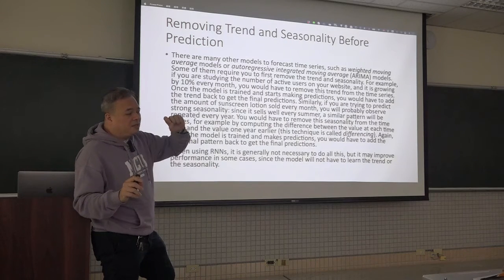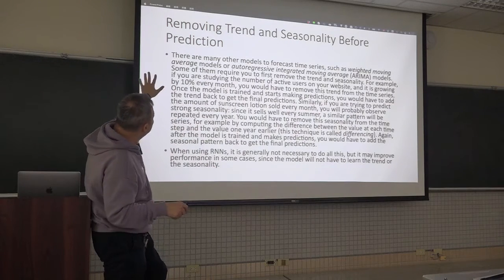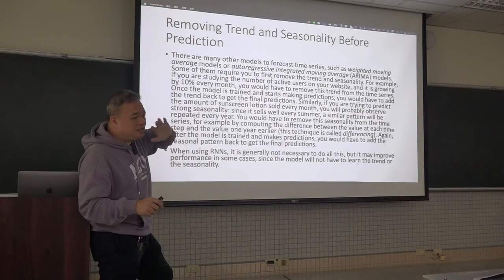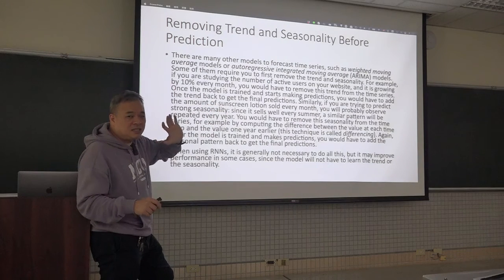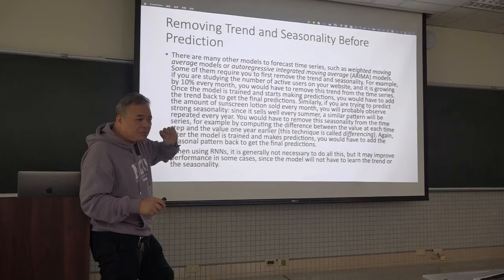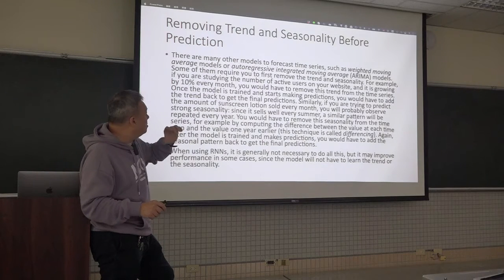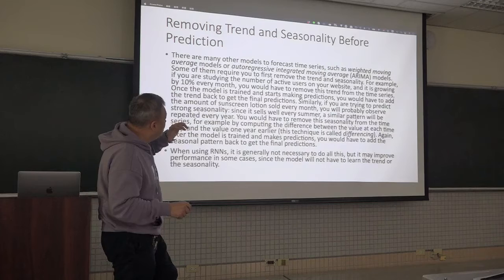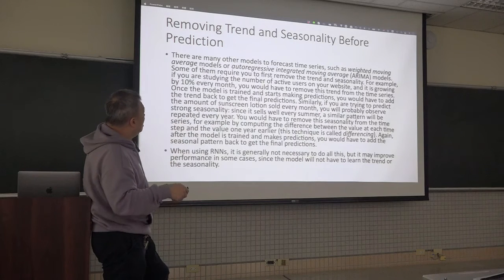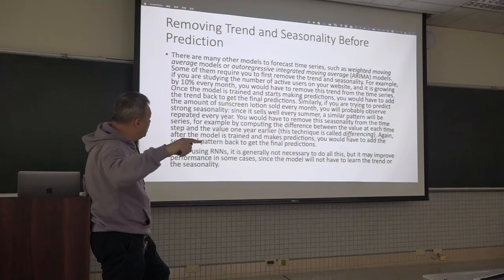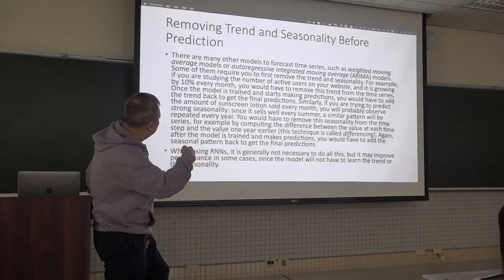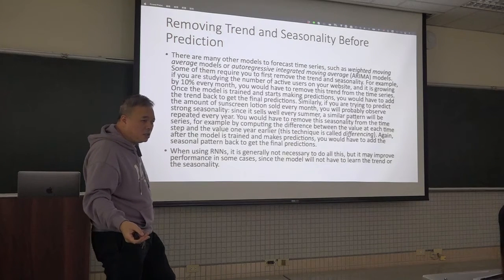And the help you get by removing trend and seasonality is not going to be a lot, because RNN is a much more powerful model. It can not only learn the time series behavior, but it can also learn the trend and seasonality, supposedly.